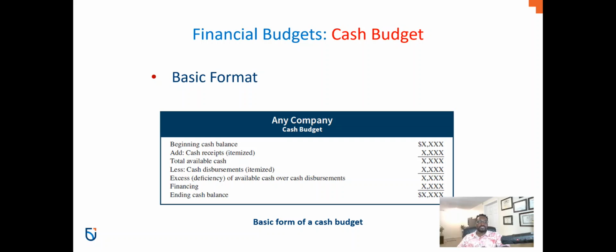And then, of course, once you've taken care of your cash receipts, cash disbursements, and your financing, then you have your ending balance. That ending balance is what will show on the budgeted balance sheet when we prepare the budgeted balance sheet. Okay, now with that said, let's dive back into our problem and solve the problem that is provided in our case.